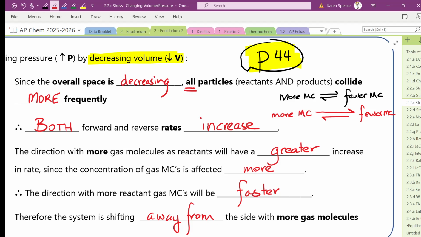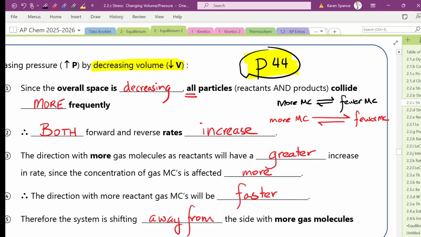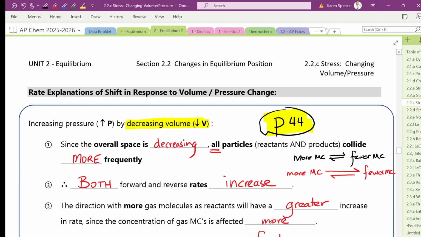So I came up with another way of explaining why the side with more gas molecules is affected more. And if you look at rate law, say, for example, now it's not perfect because it doesn't take into consideration any mechanisms, but let's just say that you have a system where you have A plus B plus C, and those are all gases.